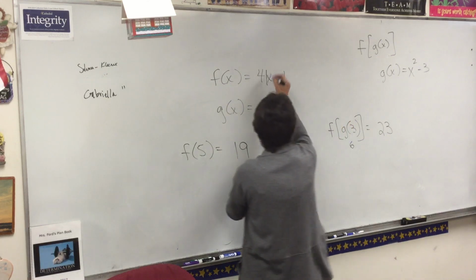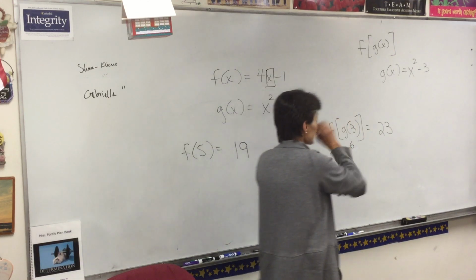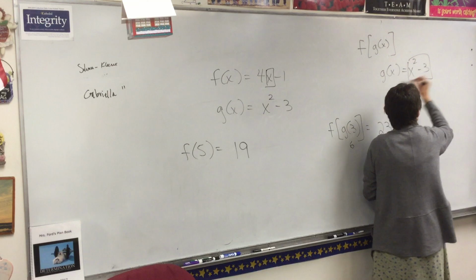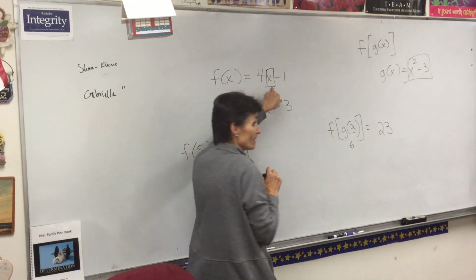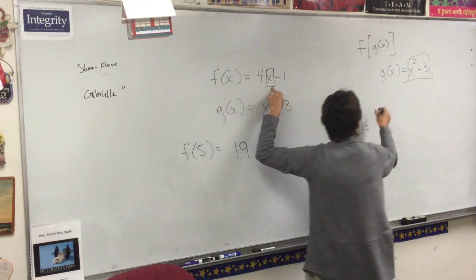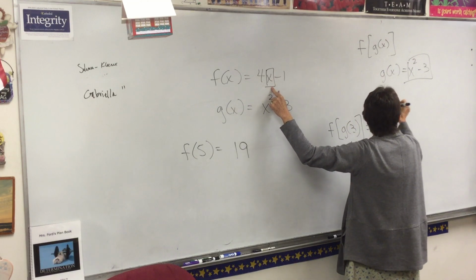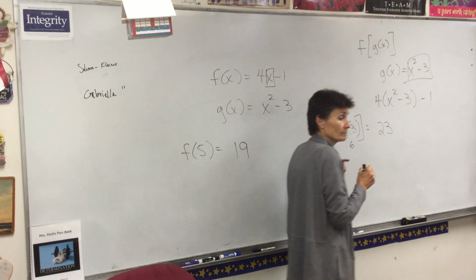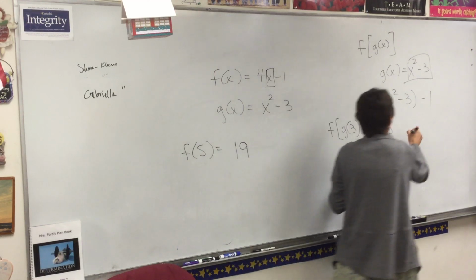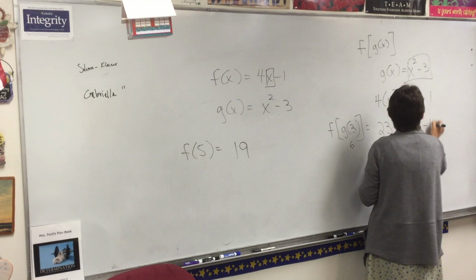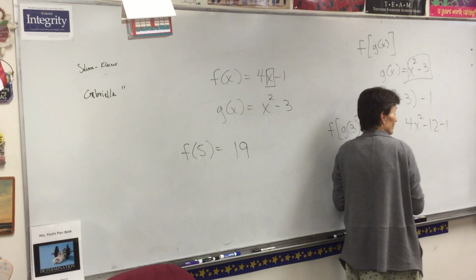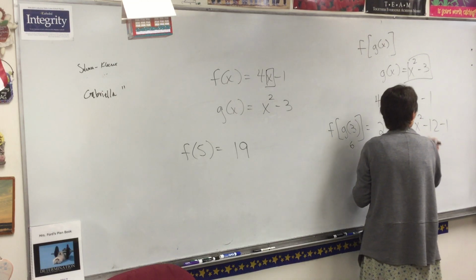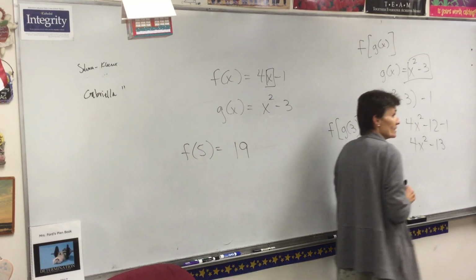We took that 6 and put it right here. Well, this time, I'm going to take this and put it right here. So I'll have 4 times x squared minus 3 minus 1, which I can simplify. 4x squared minus 12 minus 1, or 4x squared minus 13.